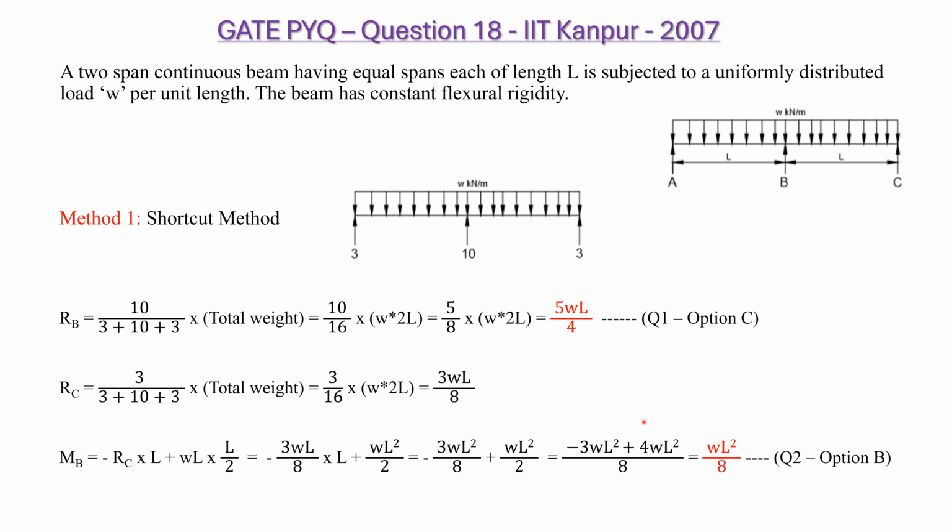When I solve this, I get answer as WL square by 8. That is the answer for question number 2, that is option B. Therefore, answer for first question is reaction at B would be 5WL by 4, and bending moment at this location B, that is mid support, will be WL square by 8.